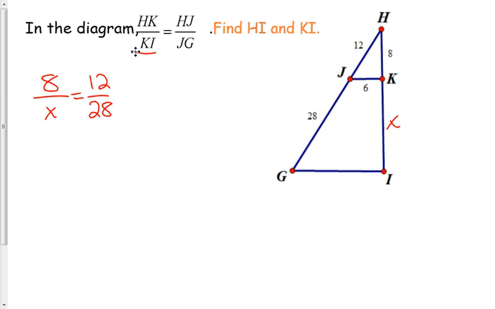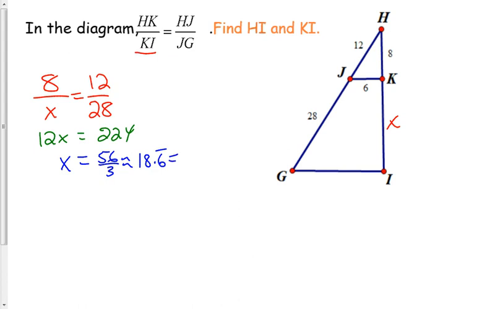And now we are going to cross multiply and solve for X. Then I'm going to divide both sides by 12 and get 56 over 3, which is approximately 18.6 repeating. Is that a nice answer?